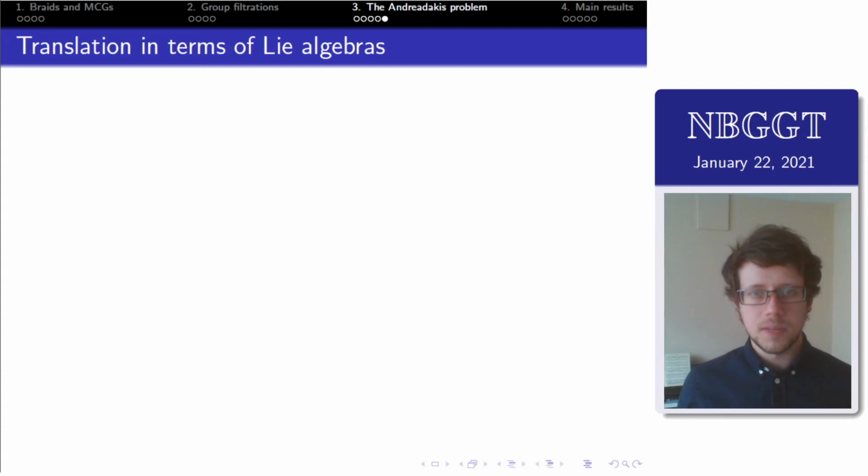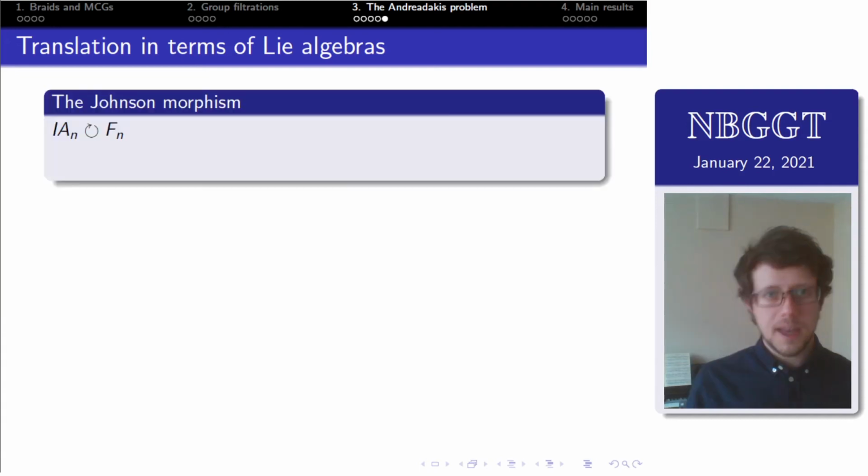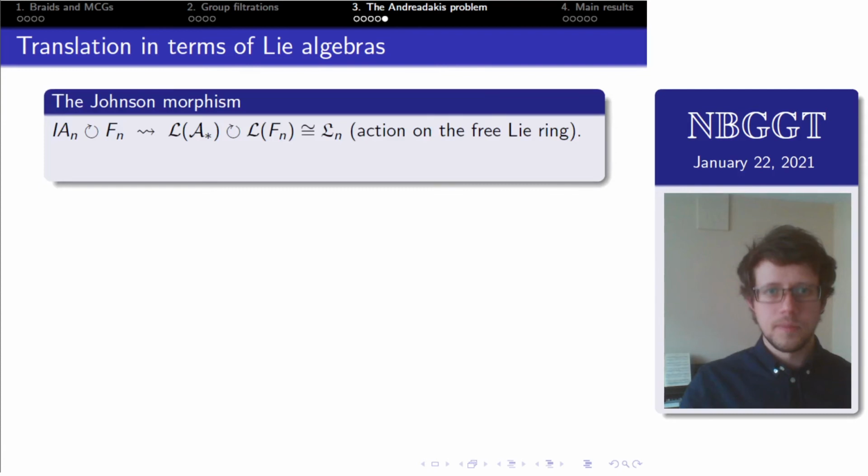For doing that, we have the Johnson morphism. From this action of IAn on the free group, the canonical action, we get an action of the associated graded on the layering associated to the free group, which is free on n generators by the theorem of Magnus that I quoted above.